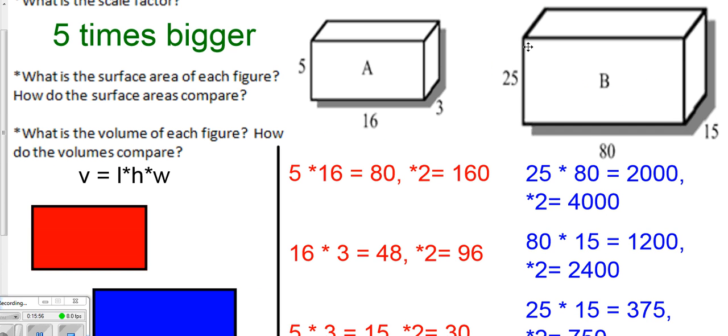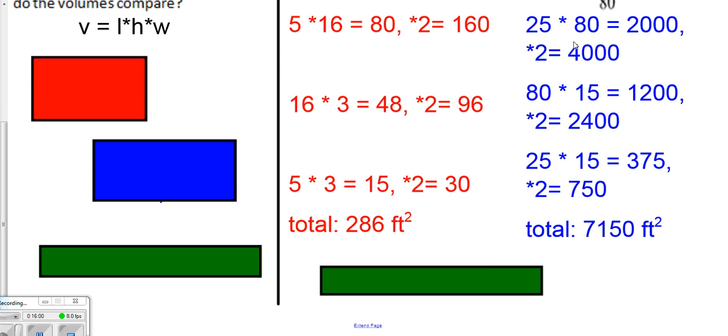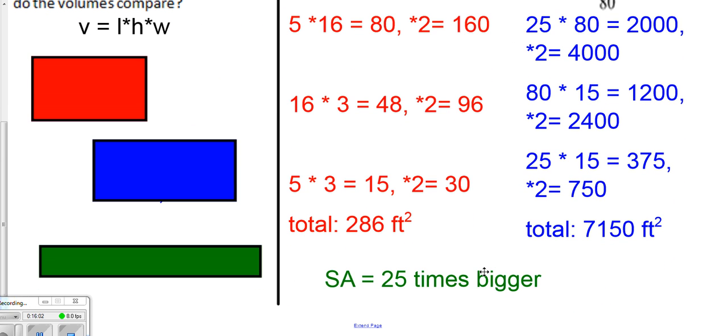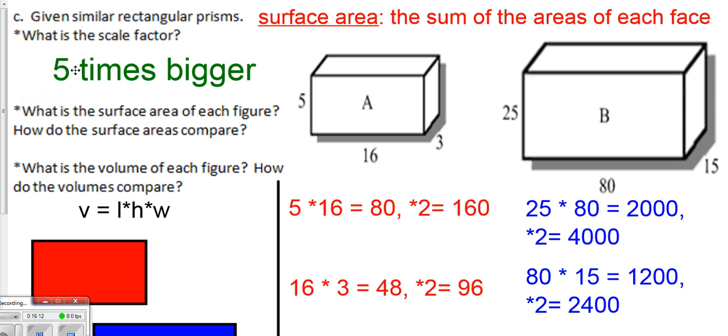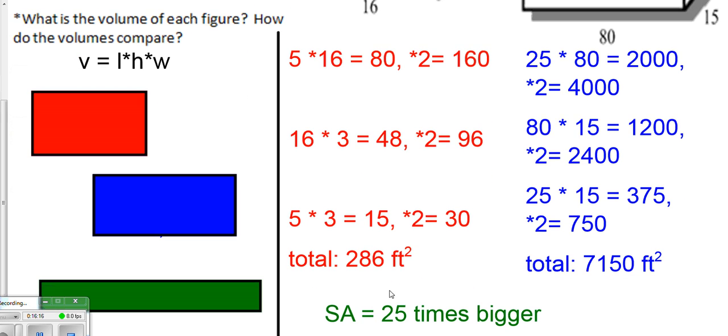So again, that's how much wrapping paper you need to go around the outside of this box. How do these compare then? Well, the surface area of this box, box B, is 25 times bigger. So just like in our last ones, when our scale factor was 5 times bigger, the area is going to be 5 squared. 5 squared is 25 times bigger.